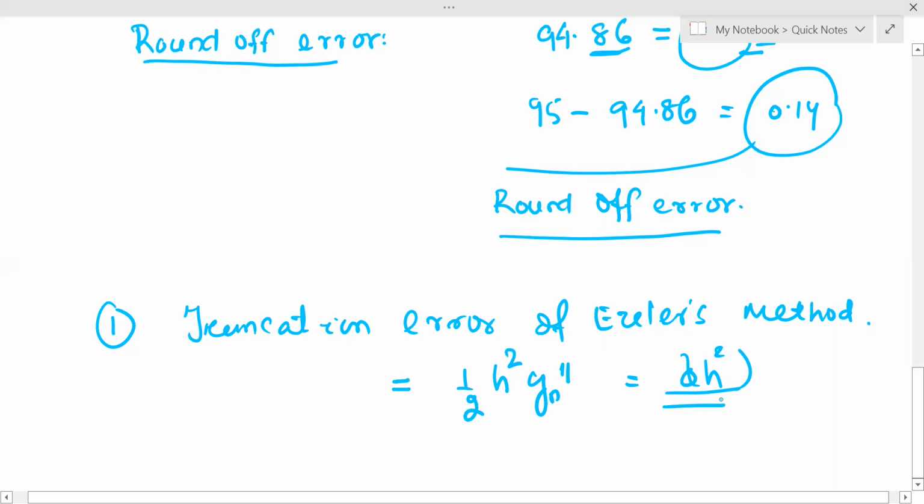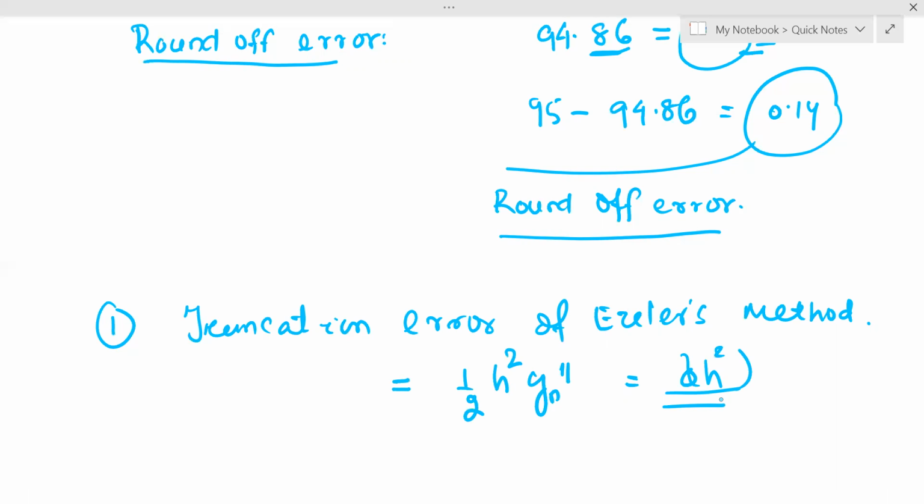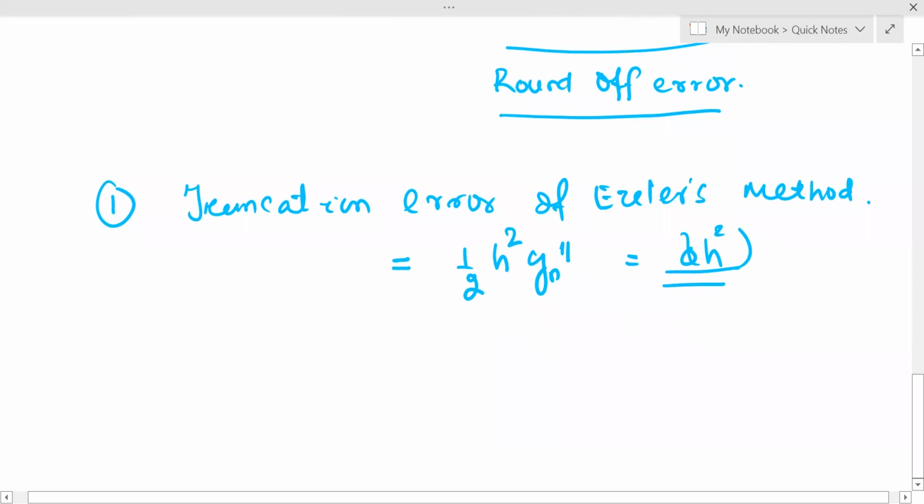While that of the modified Euler's method is not the same; it improves by another term. Error of modified Euler's method.